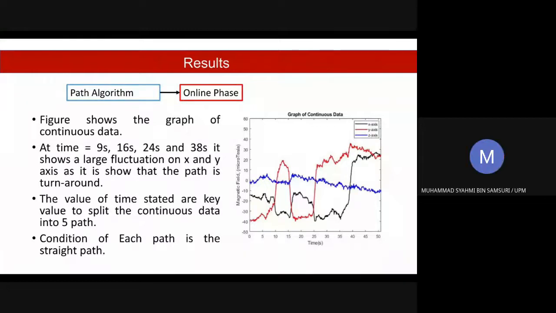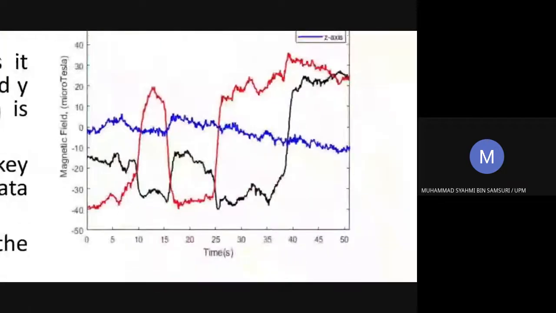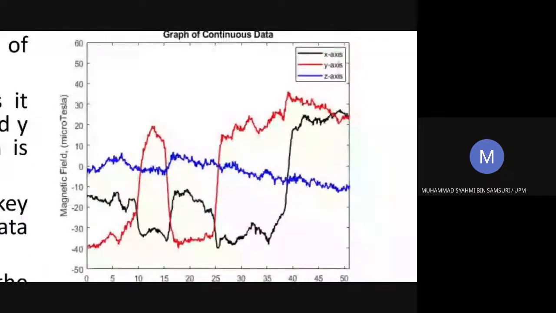All right. The reason why I set the threshold to 9 microtesla is because of the peak, as we can see here, the value of the peak after the turnaround position. The highest peak is more than 9.